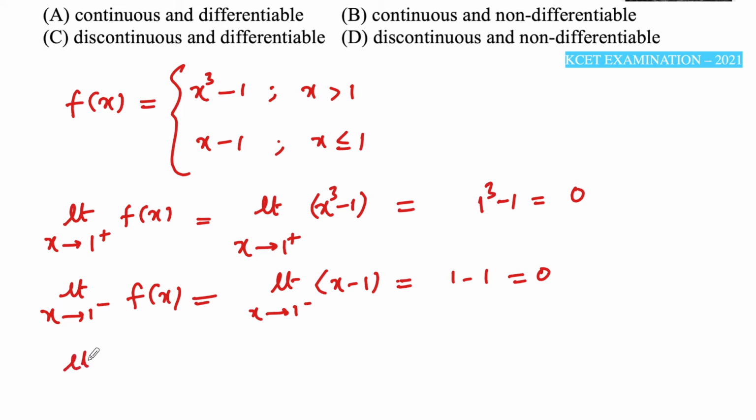And also we can observe the functional value, that is f of 1. f of 1 means for x less than or equal to 1, we consider x minus 1, that is 1 minus 1, which is equal to 0.